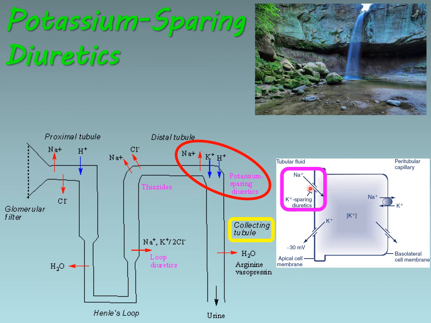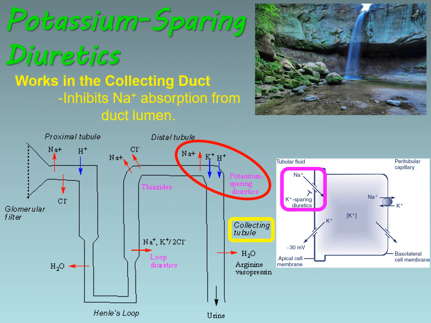Since we're not co-transporting anything, we're not affecting potassium or calcium or some of these other ions per se, so you do get a sparing effect because you're not facilitating the retention of potassium inside the filtrate. So it works in the collecting duct at the end of the distal tubule.